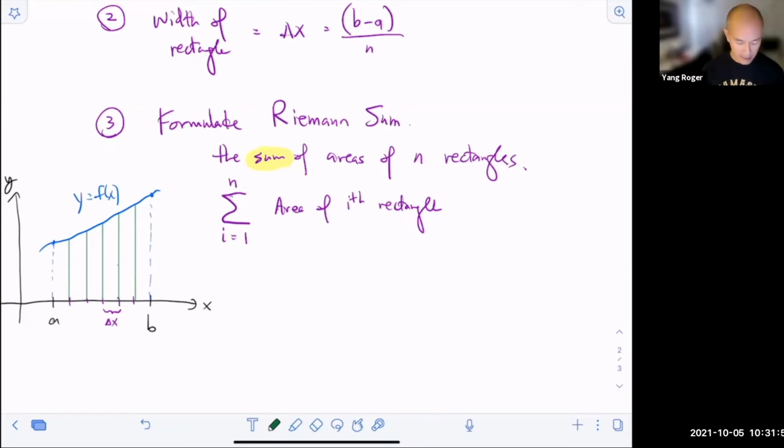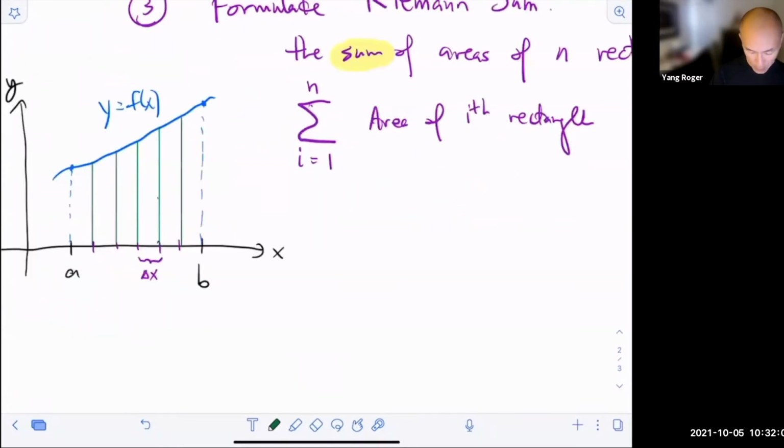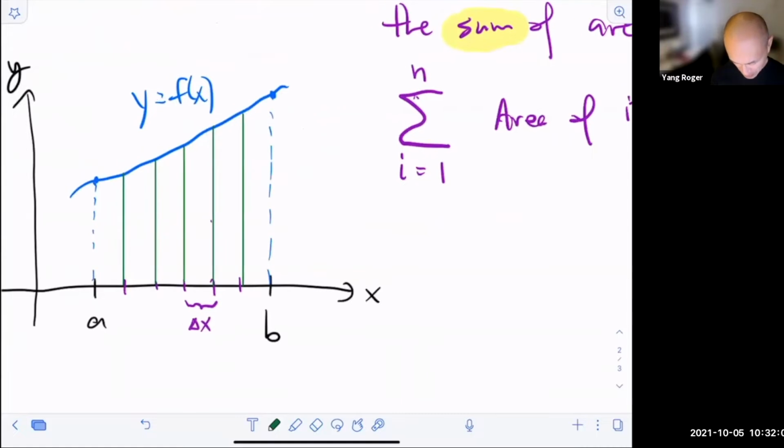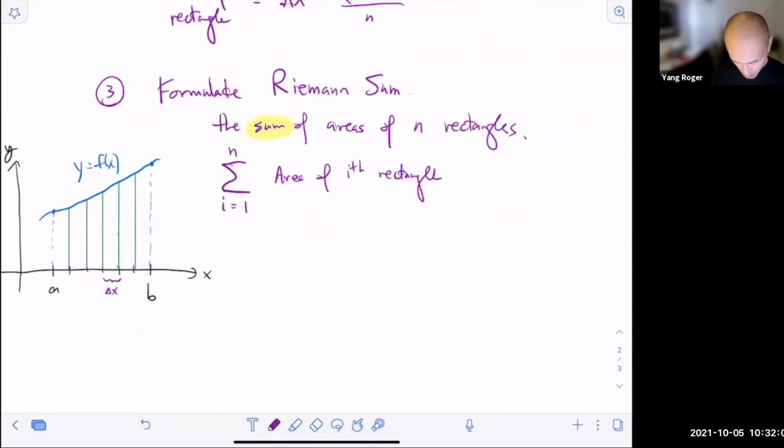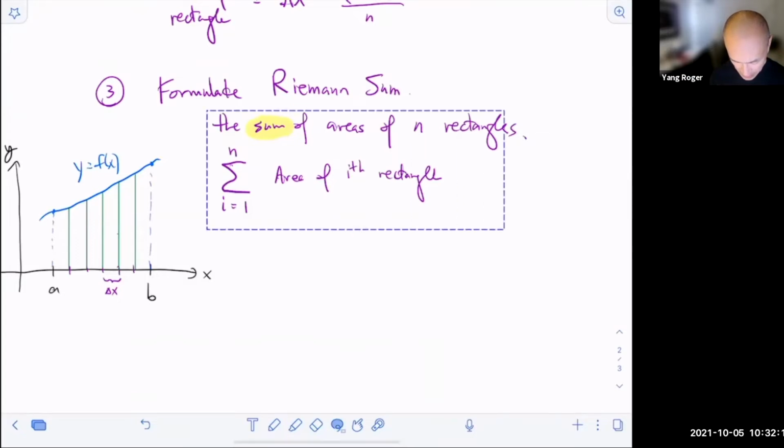And at this point, we're faced with a choice. Well, let me say one more thing before I go there. What we're really working with is the sum of these n rectangles.